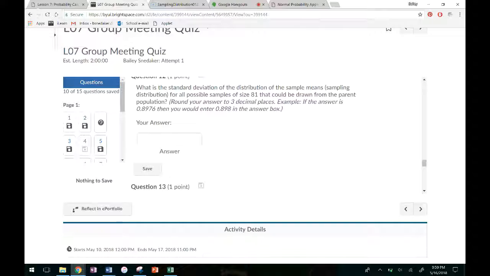So it would just be the 3.5 divided by the square root of 81.